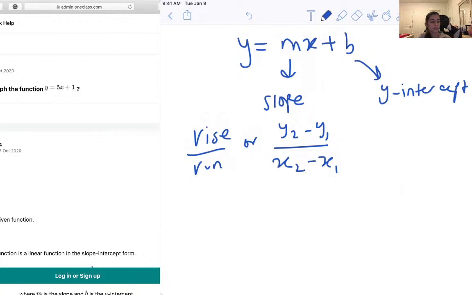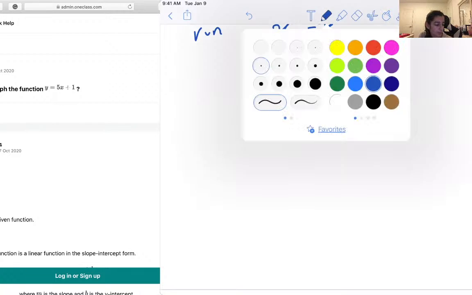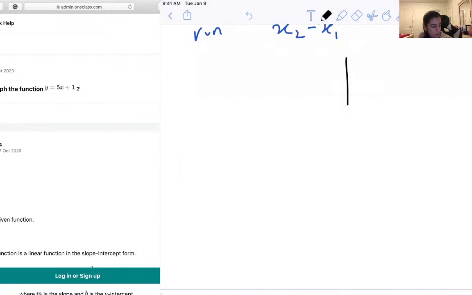There we go. So now we can use this and kind of draw out our function equation.